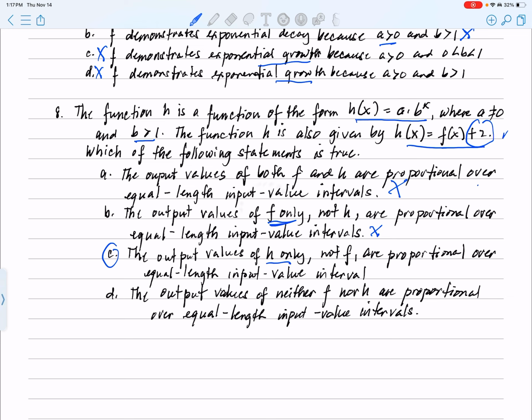Therefore, f must be exponential, but we don't know if f is proportional. Okay? We don't know if f is proportional. It's neither f or h that are proportional, so it's not the answer for that. Okay?